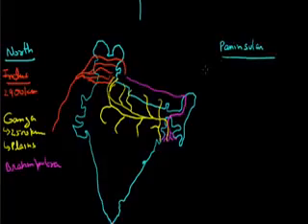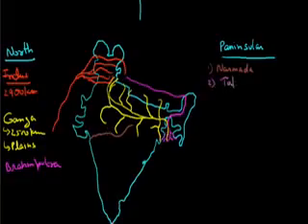Here we can take the river Narmada, which originates at Amarkantak in Madhya Pradesh, then enters Gujarat and drains into the Arabian Sea. It flows through a rift valley between two mountain ranges, the Vindhyachal in the north and the Satpura in the south. The second one is Tapi, which flows south of Narmada.